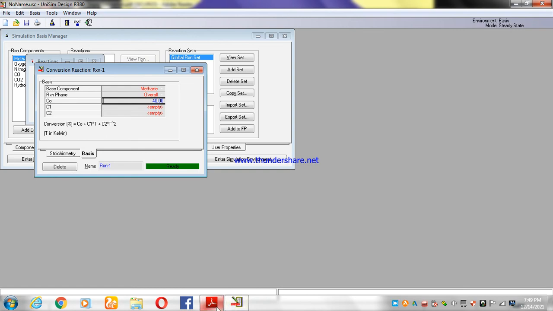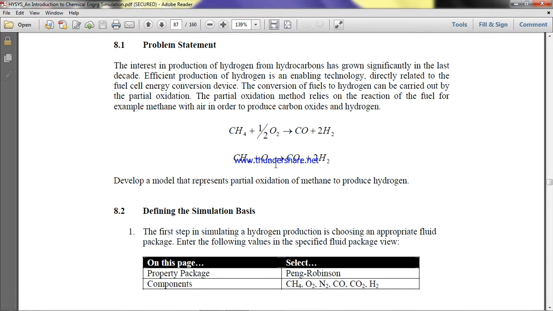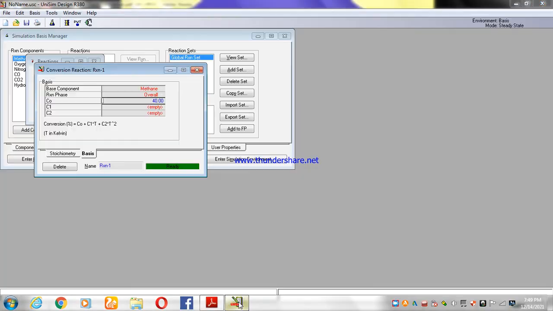So for these two reactions, the conversion has to add up to 100. So the first conversion, we take 40% conversion of methane, and then second conversion 60%. Okay, so that's that.